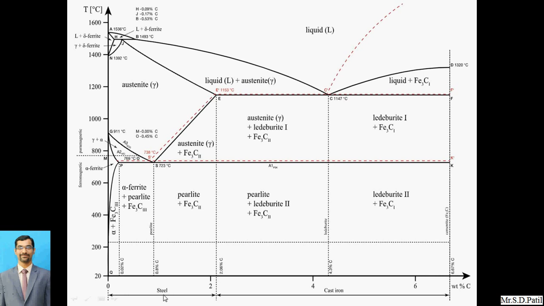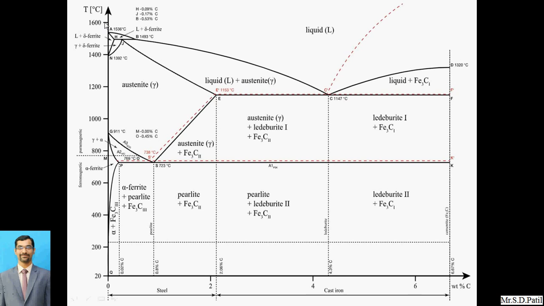Up to 2% it will be steel, and above 2% up to 6.67% it is cast iron. Then we plot the temperature on the y-axis: 200, 400, 600, 800, 1000, 1200, 1400, and finally 1600.